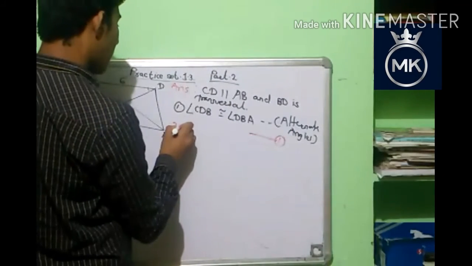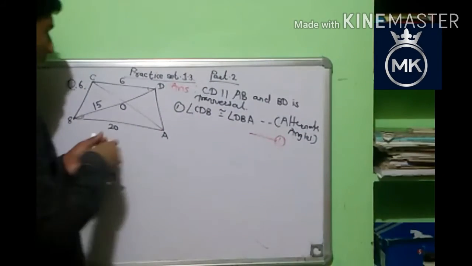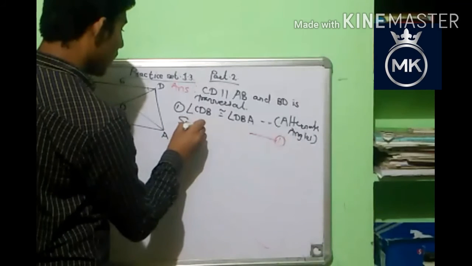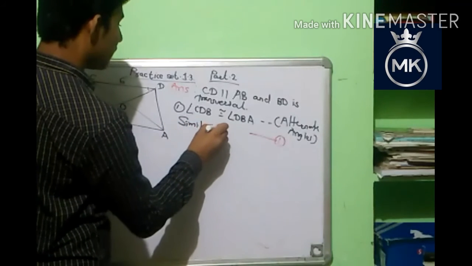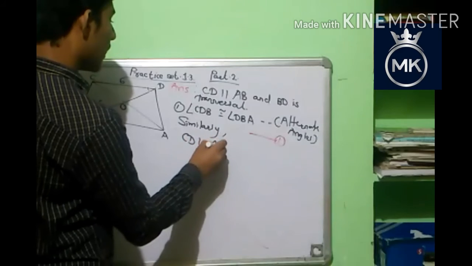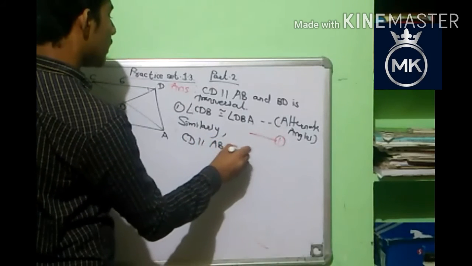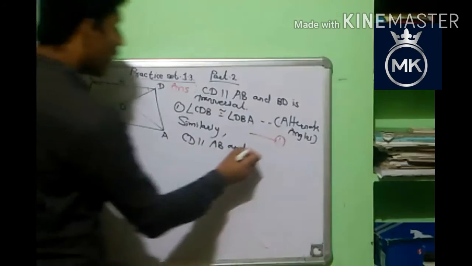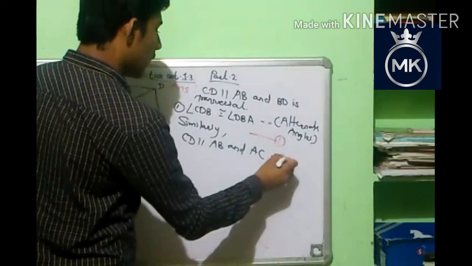Then the second pair, similarly: CD is parallel to AB and AC is a transversal.